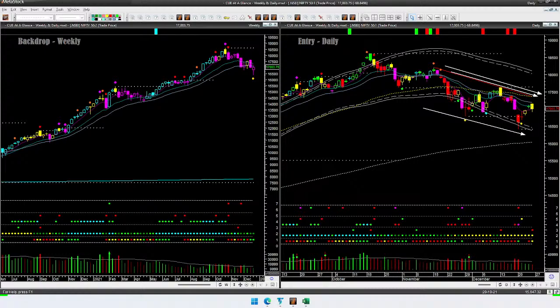Price is moving between the lower boundary and the value area, that is the middle of the upper and lower boundary levels. All those are showing that Nifty 50 of India, which used to be the strongest of the global markets, sometimes even stronger than the USA market, is now in a downtrend.